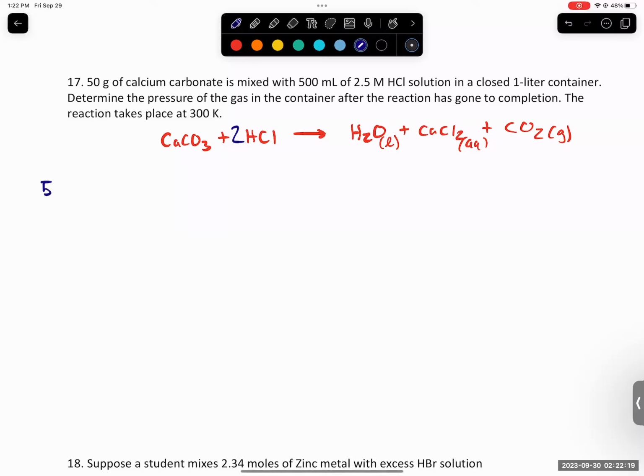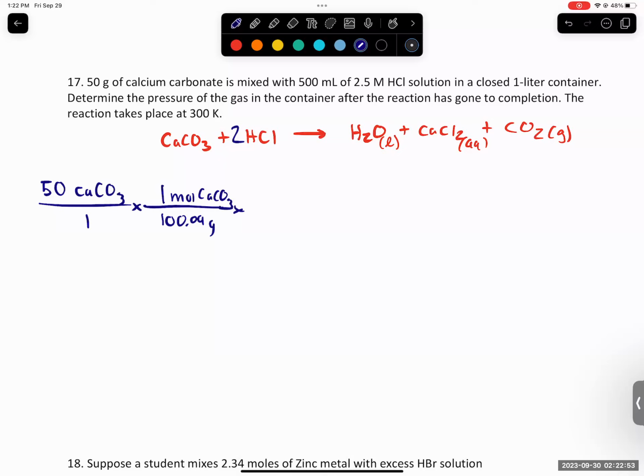So let's start with 50 grams of calcium carbonate. What is the molar mass of that? 100 grams for 1 mole of CaCO3. Then we use the mole to mole ratio, and what product are we trying to go for? CO2, right? It's a gas. We only care about the gas that's being formed because the question's asking to determine the pressure of the gas.